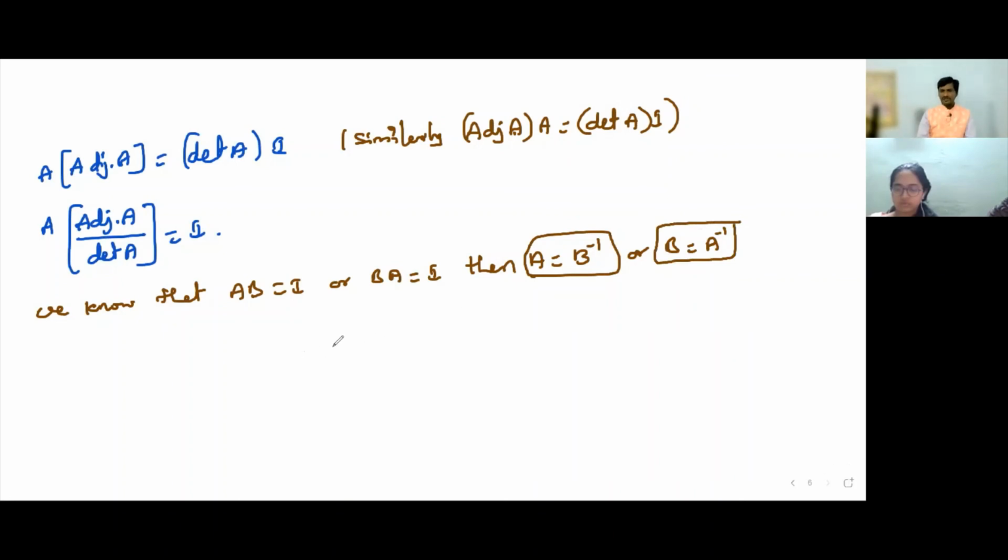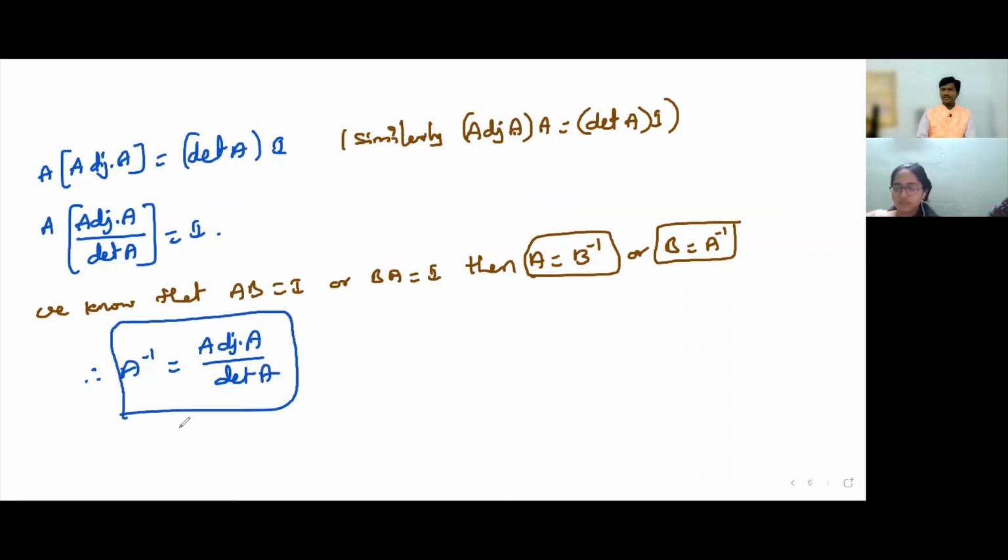If we apply the same thing here, the product is equal to I. Therefore, A inverse is equal to adjoint A divided by det A. Hence proved.